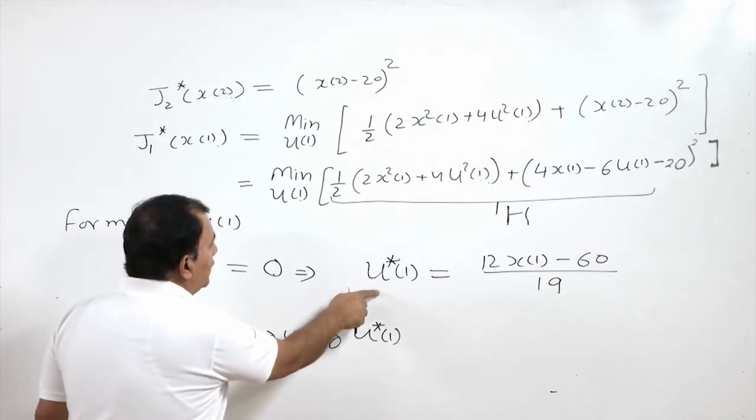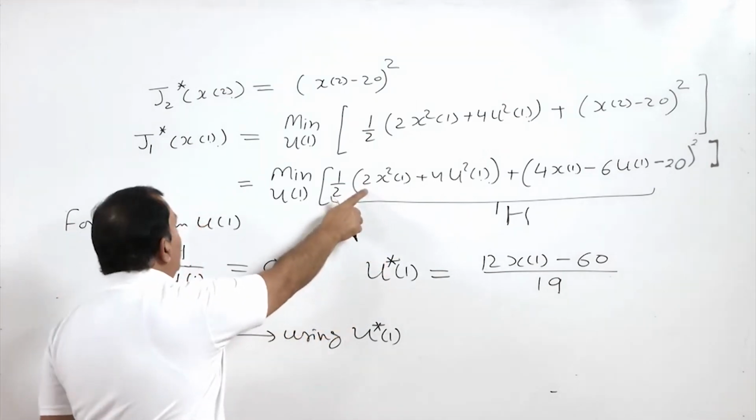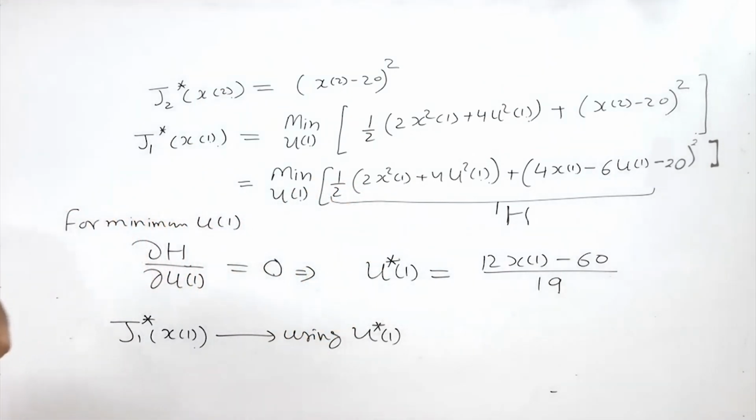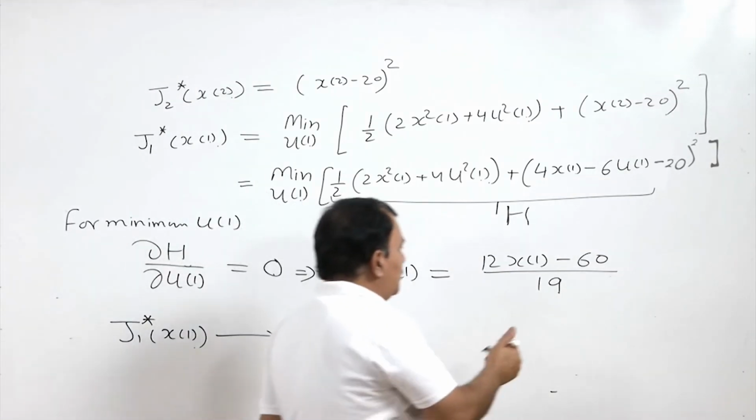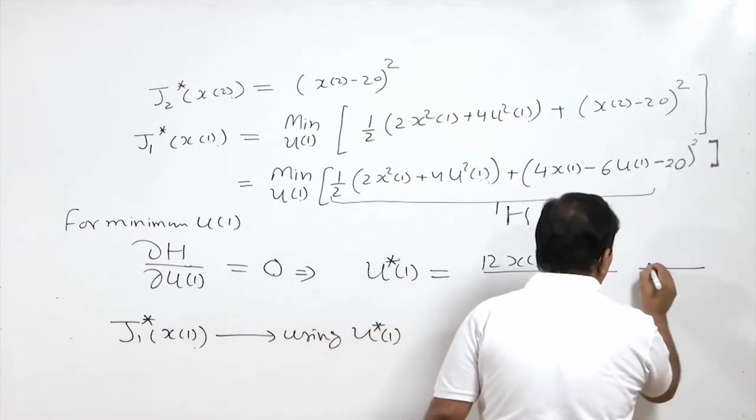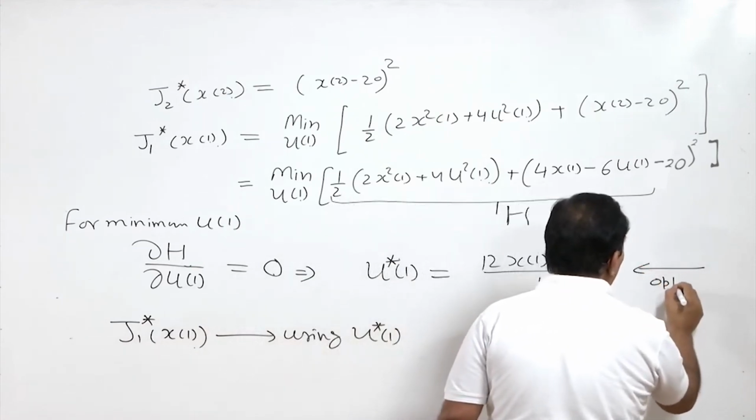It means if I substitute this value in this relation, this will give me the optimal value of J1. So, at this point, this is my optimal u.